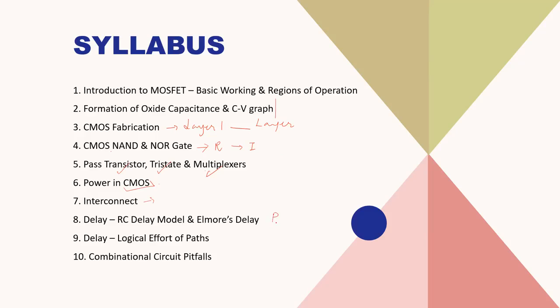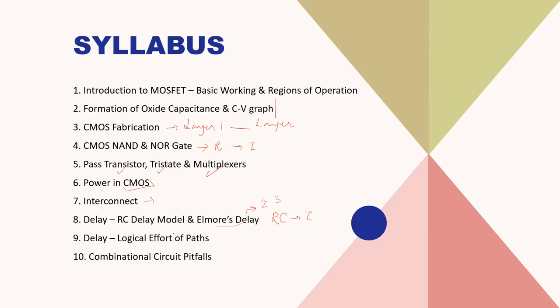I hope everybody has read network theory in their BTech, that RC circuits lead to delay, tau, right? So the delay model will be the realization of a CMOS into just R and C, and multiple CMOS gives a cumulative delay, which is also known as Elmore's delay. We'll study this concept. I think this will take around 2 to 3 lectures.